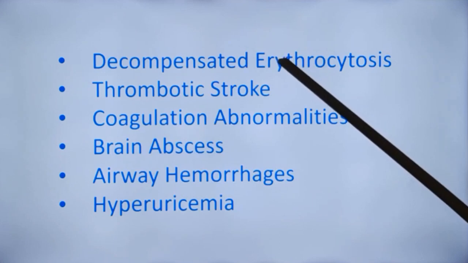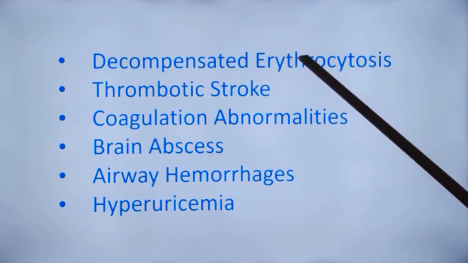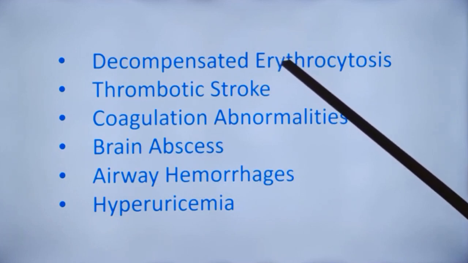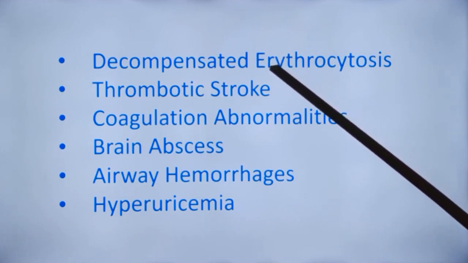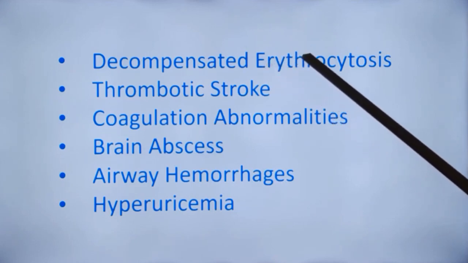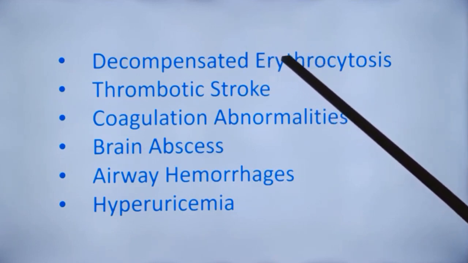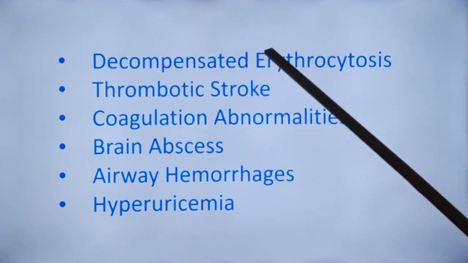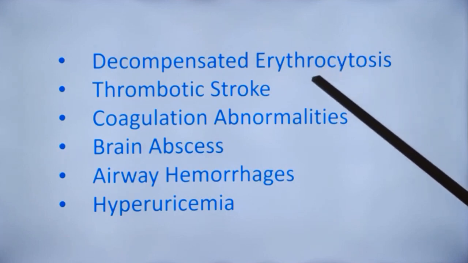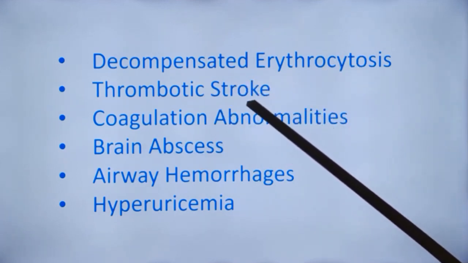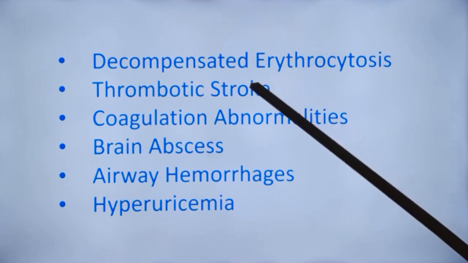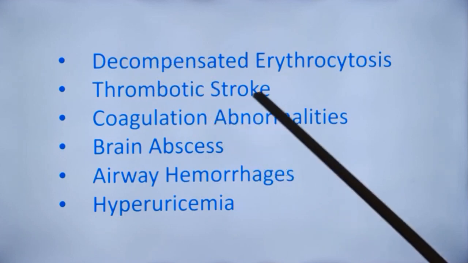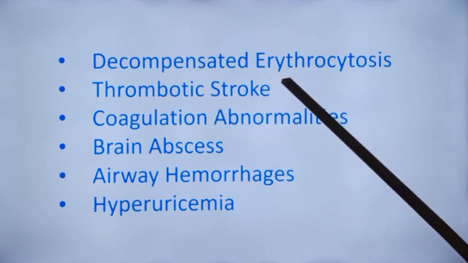Another feature is that if you do venesection for removing the excess RBCs to reduce the symptoms of hyperviscosity, there is a temporary improvement, but then erythropoietin secretion increases further and you can have decompensated erythrocytosis. So venesection for Eisenmenger syndrome is a double-edged situation. Unless it is carefully taken care of, it can cause decompensated erythrocytosis, which is a vicious cycle.